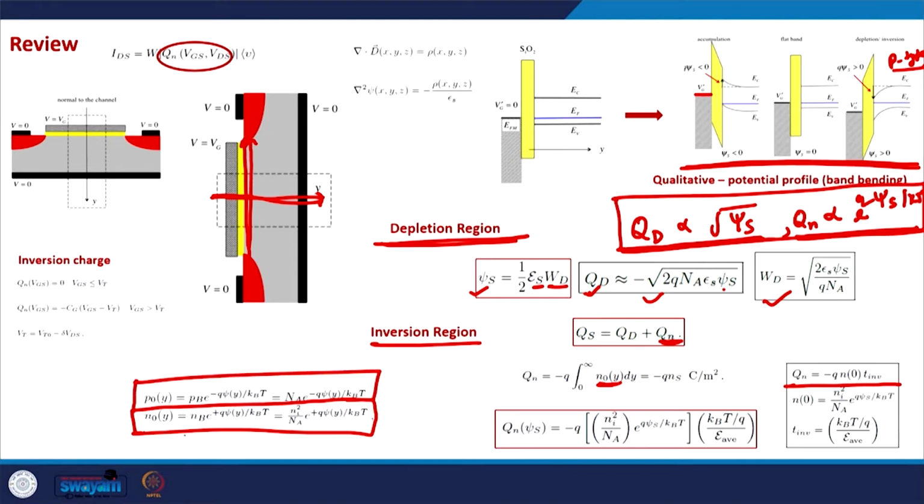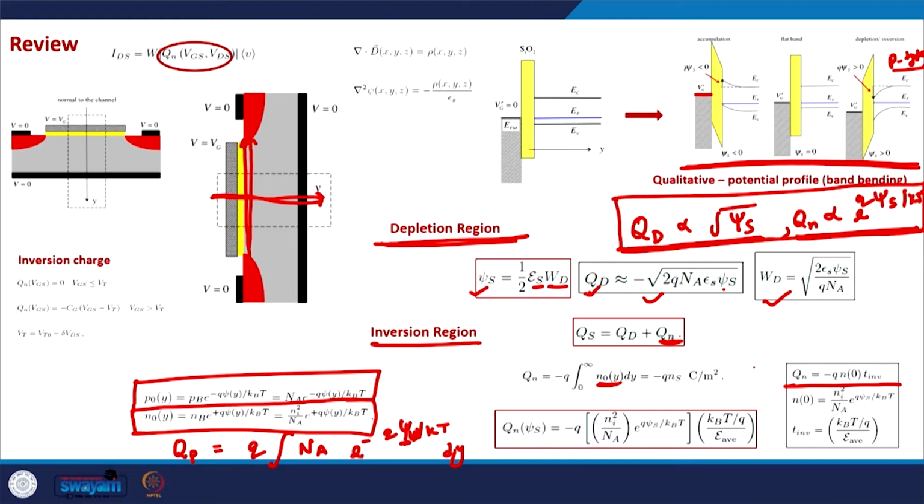The accumulation charge, which will be a positive charge, is given by q times the integration of Na exponential of minus q psi by kT. And this psi is negative because a negative gate voltage results in a negative surface potential. So psi of y will be negative, and this integration needs to be done in the y direction. So even this accumulation charge is exponentially related.